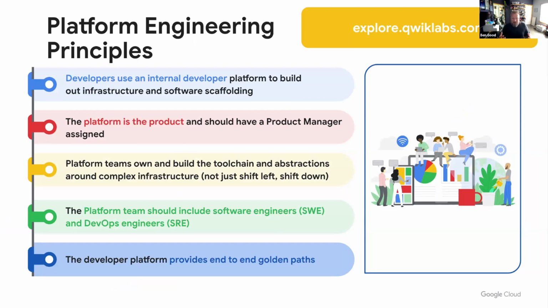The platform engineering team needs to be a blend of engineering disciplines. You need to include software engineering practices, SRE practices, and other specialized practices like database administration or container administration, those runtime level things. What we're aiming to do is build out a set of golden paths that our internal users can exercise to make their lives easier and better. And that's what we're going to focus on today.